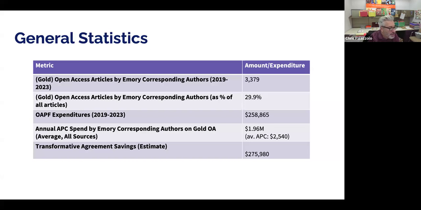And you can see the annual APC spend by Emory corresponding author over our time. So there's the average of $2,540 APC spent. And then you see our transformative agreement savings, and that's another estimate that we have about how much researchers are not having to pay out of grant funds or other research funds or other sources.